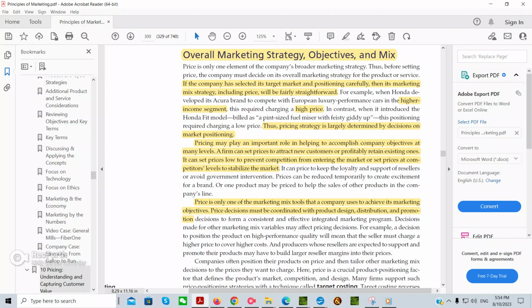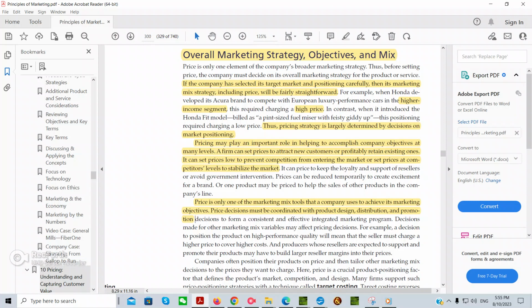Can you offer a cheaper price for a certain period of time, long enough to get customers in, and then have the chance to give them a deal where X period of time is cheaper? That's your promotion. These are decisions to form a consistent and effective integrated marketing program.